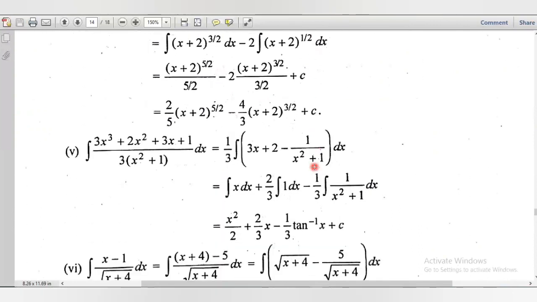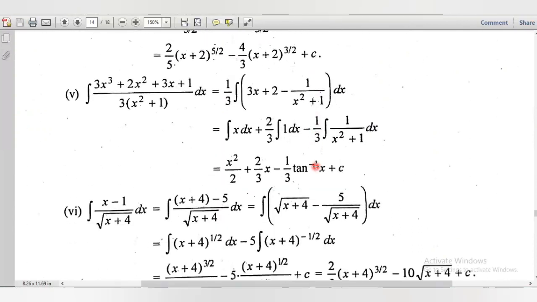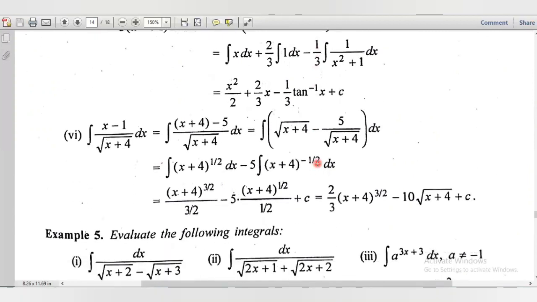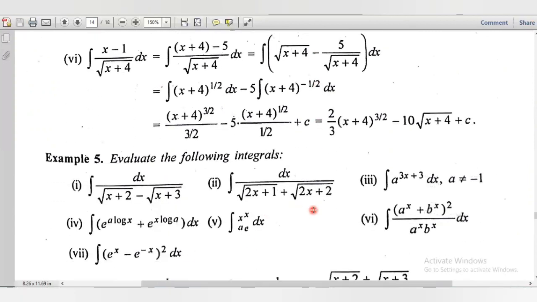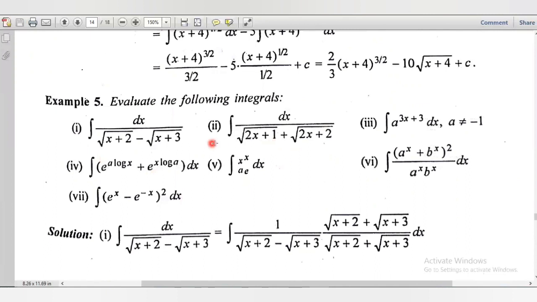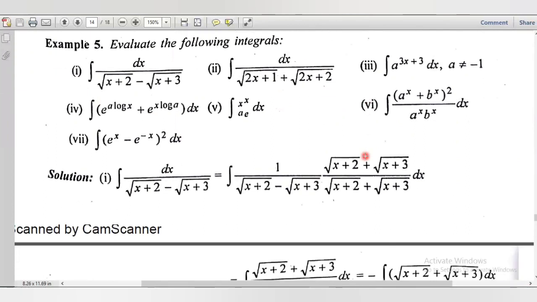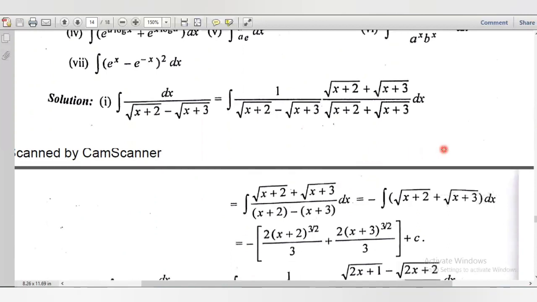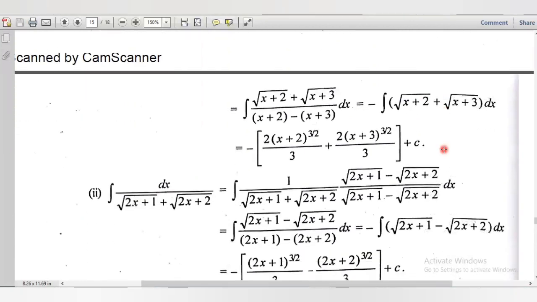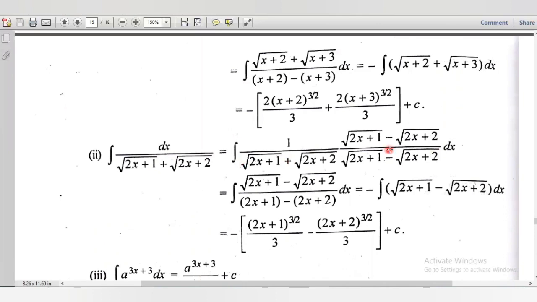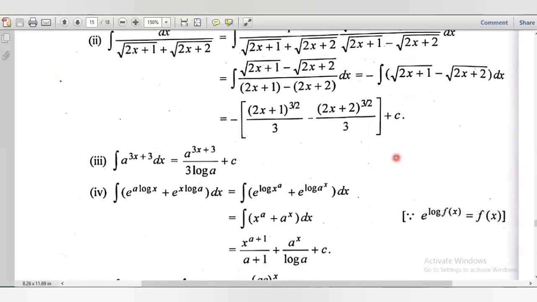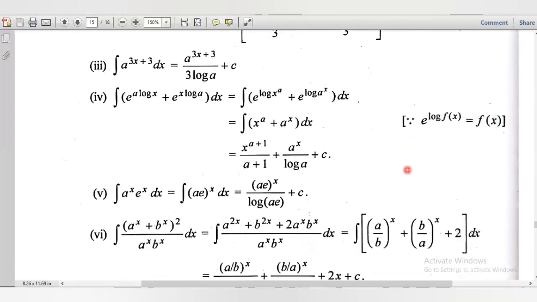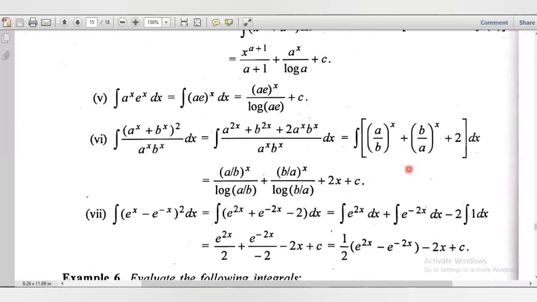Interesting. And see, evaluate the following integrals. So easy, right? Enough examples you are getting.